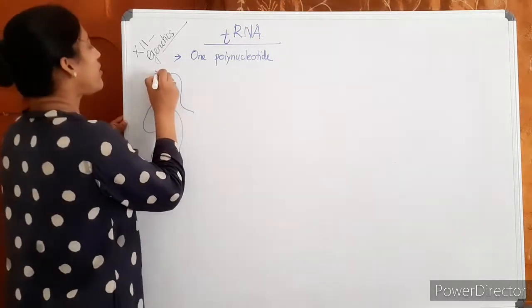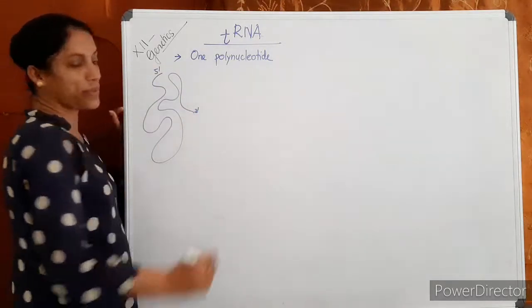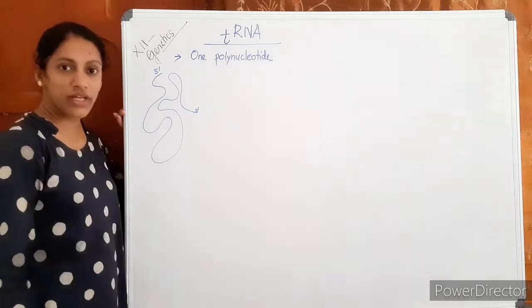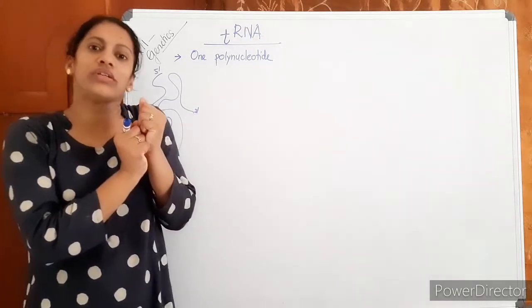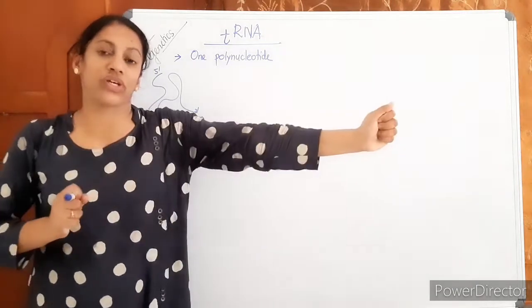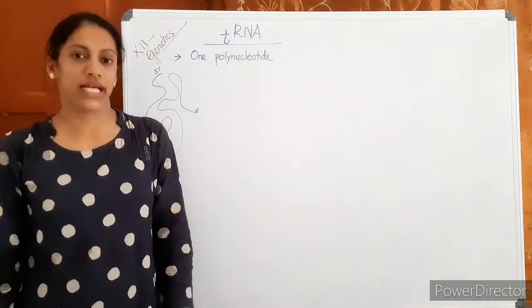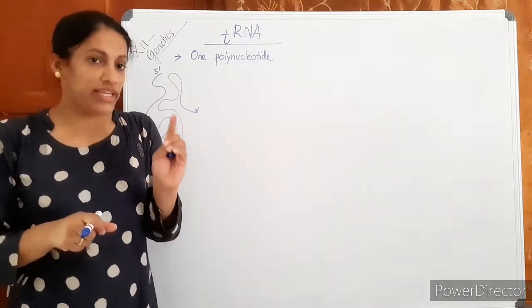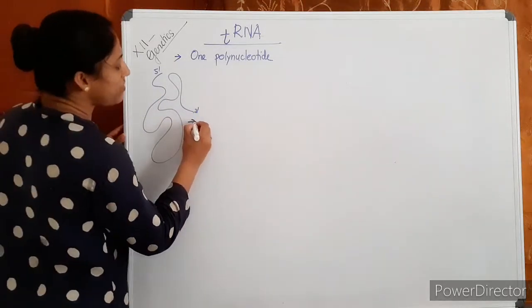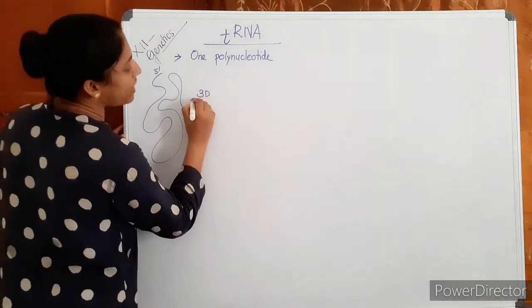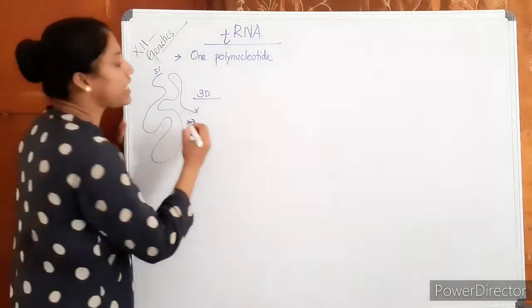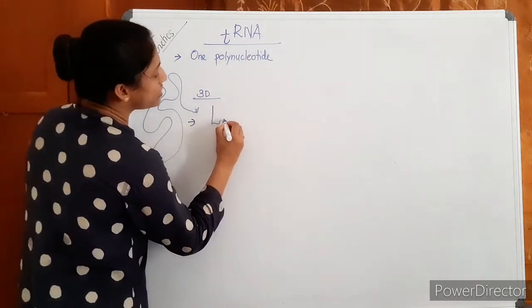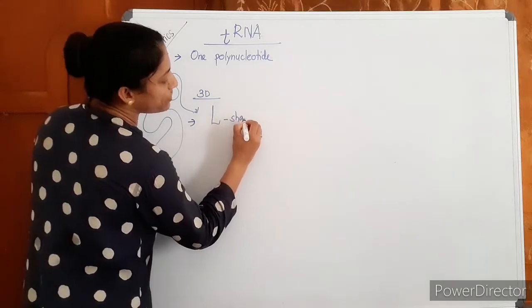From the 5 prime end to the 3 prime end, it is a single chain. But this chain does not remain in a primary structure as a horizontal rod. It is in a secondary structure, a 3D structure. Most of the time it remains in the 3-dimensional structure, forming an L-shaped structure.